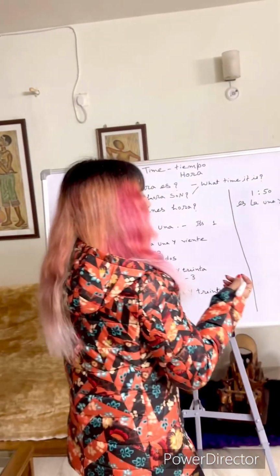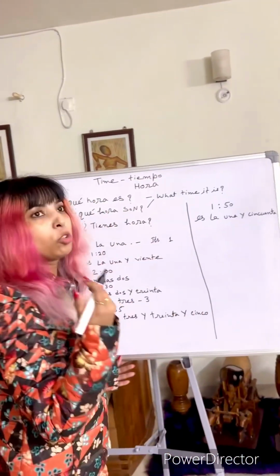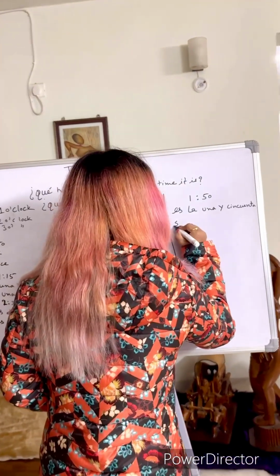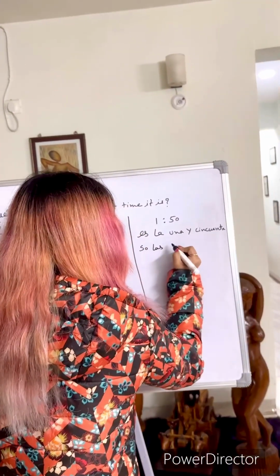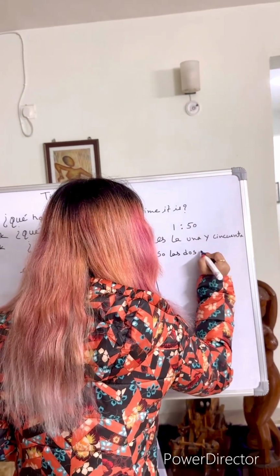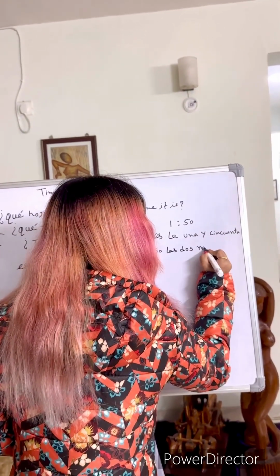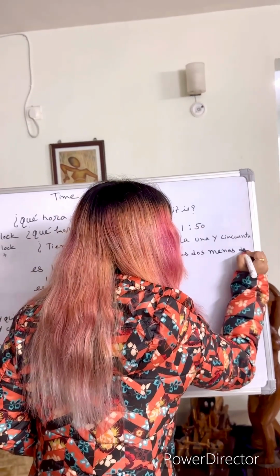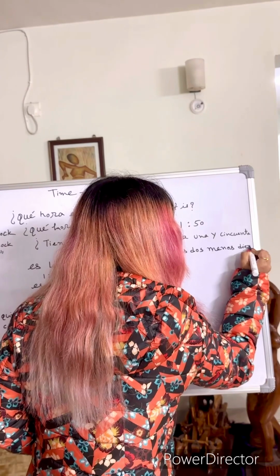So how do you say that it's 10 to 2 in Spanish? You can say son las dos menos diez.